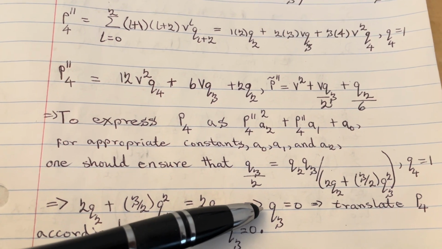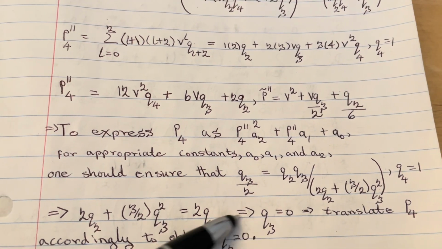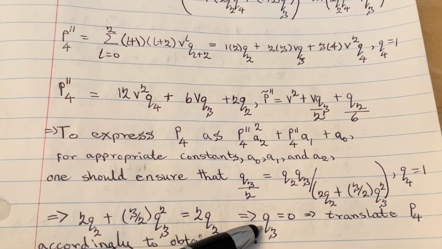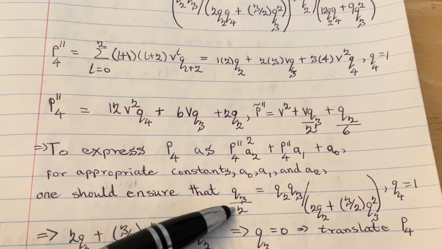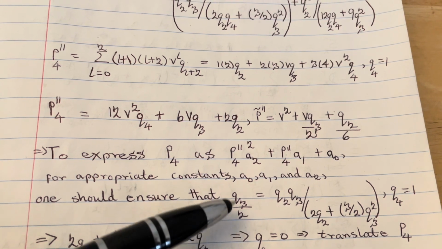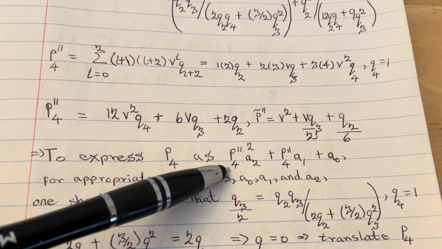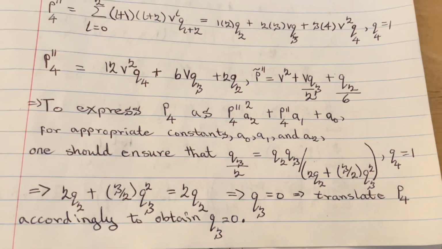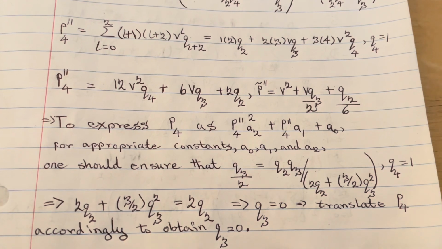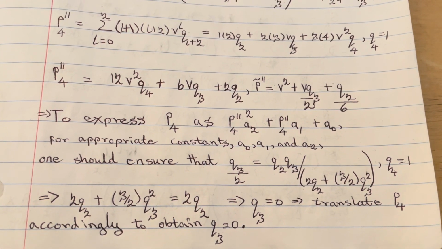So if you translate p4 such that q3 is 0, then you can have this equality. If you have this equality, then we can express p4 as a function of its second derivative, which is a quadratic. So that's one way to solve for the roots of a fourth order polynomial.